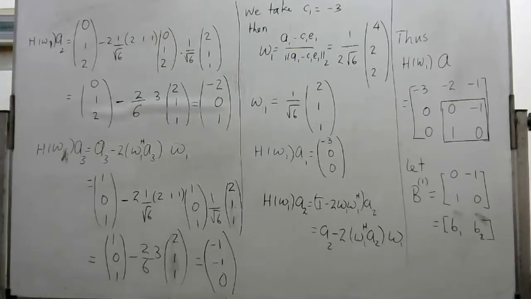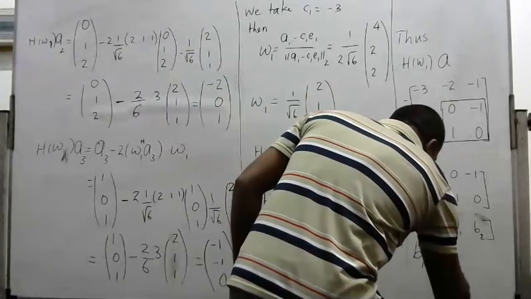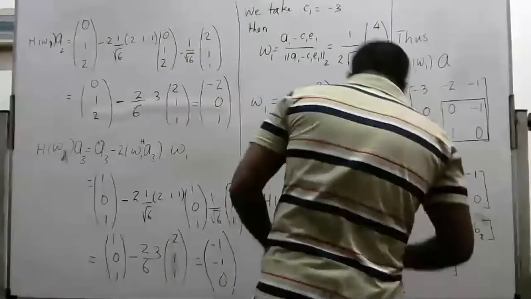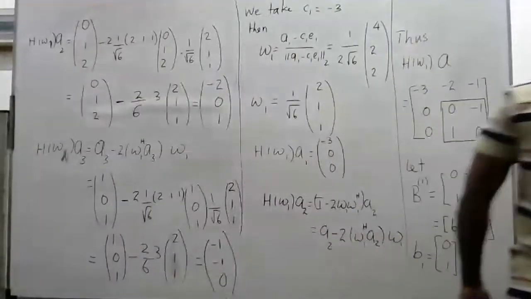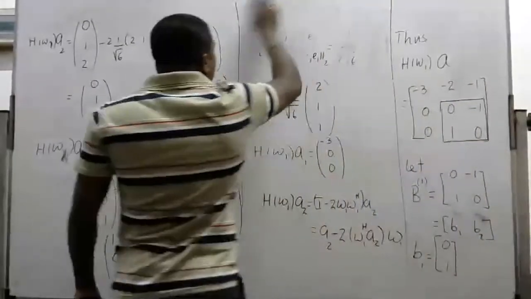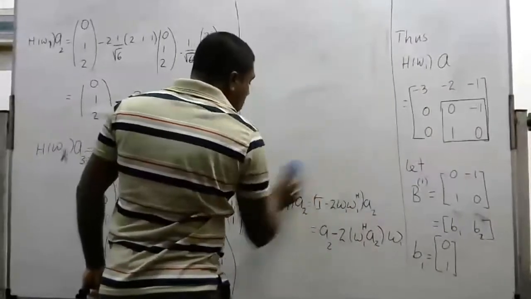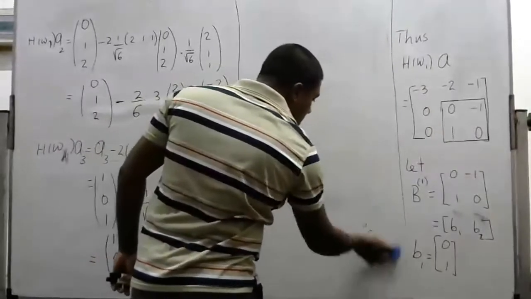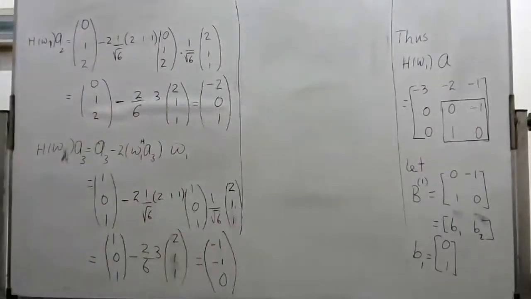So our B1, the first column is 1, comma 0. So 0, comma 1. Right. So we will do all the process from the beginning again. And so we have to find the 2 norm of B1.